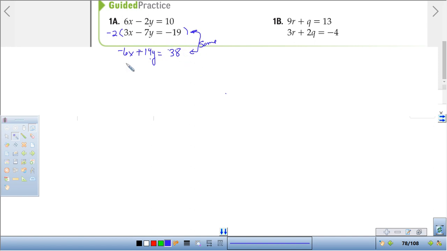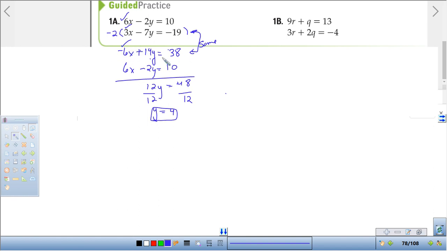I'm going to bring the top one over here, 6x minus 2y is equal to 10, and add these up. These purposely cancel out. This gives me 12y is equal to 48. Divide by 12, y is equal to 4.